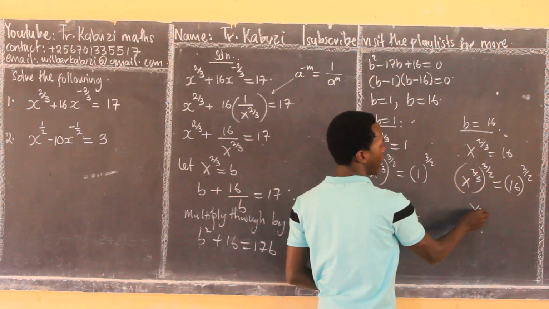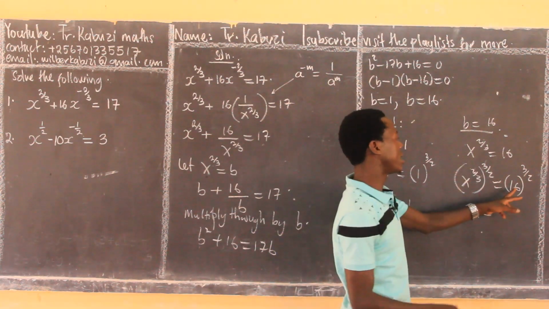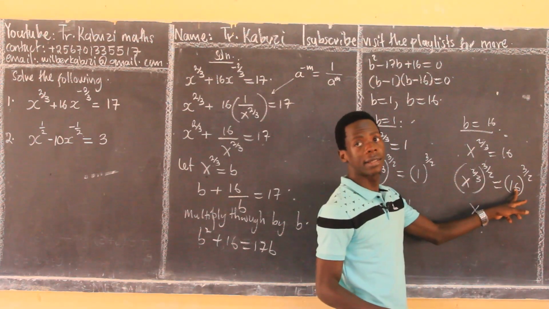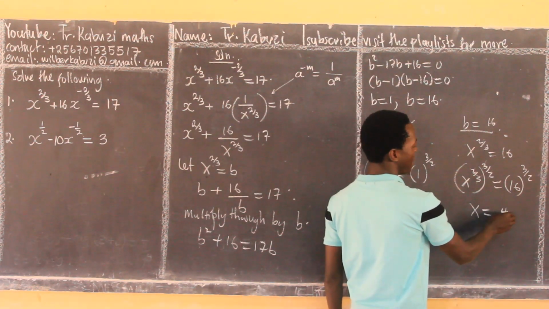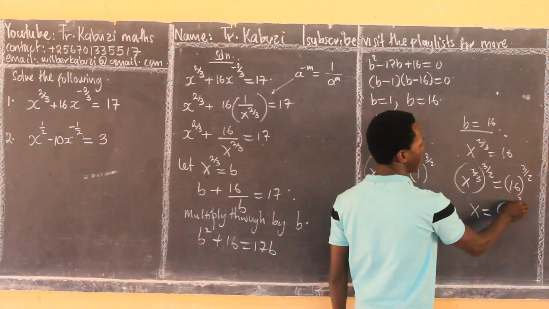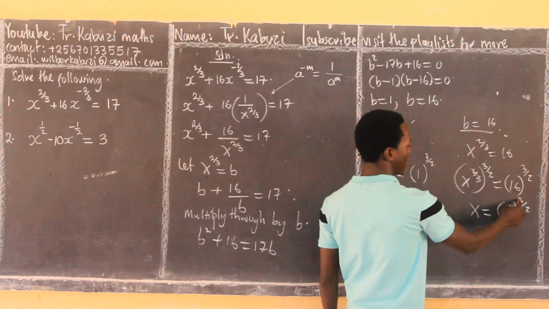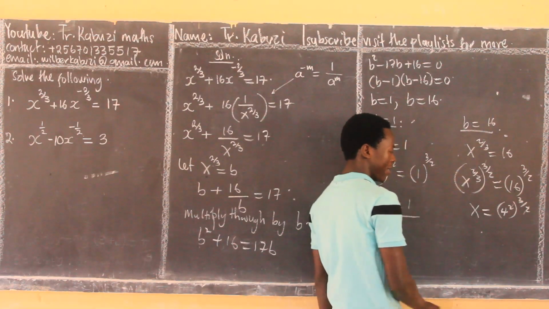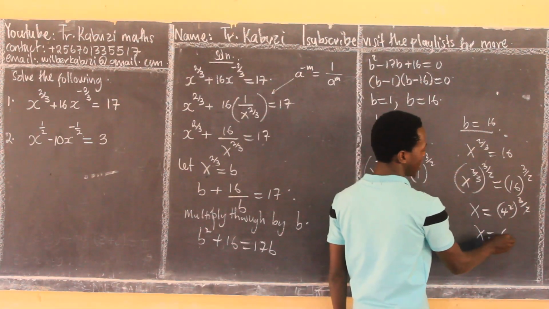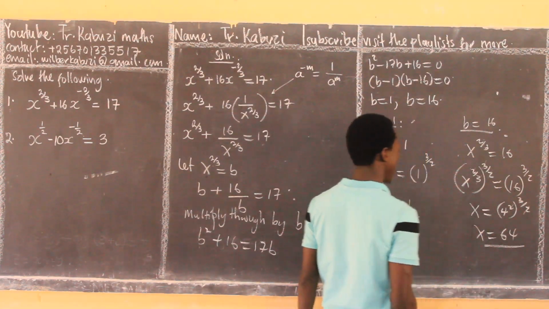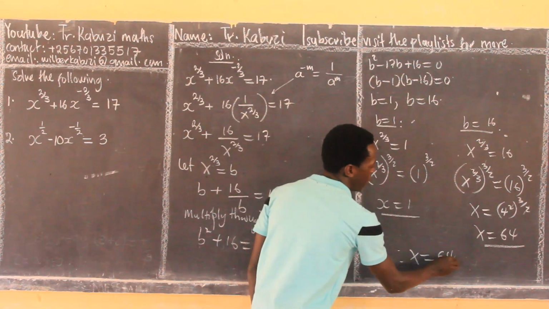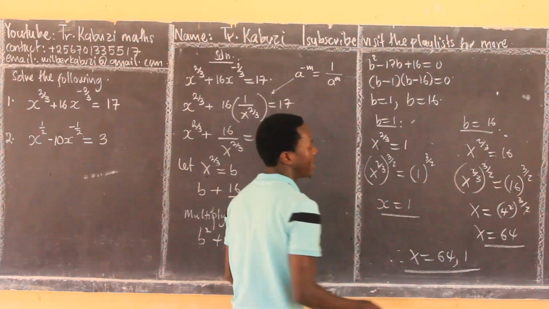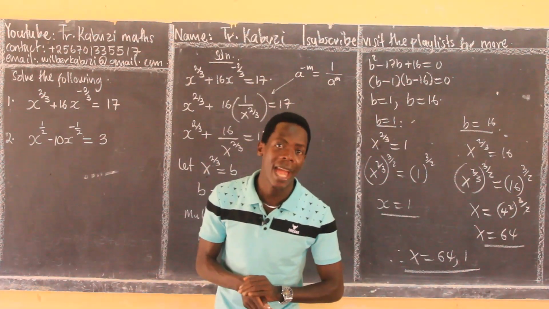I have now my x equaling to, we know that 16 is the same as 4 squared. So this is 4 power 2 to the power 3 over 2. This 2 will go, so I have 4 cubed, that gives me 64. So therefore, my x values are 64 and 1. With ease. That's how we handle those ones.